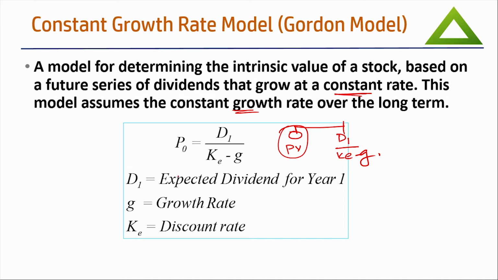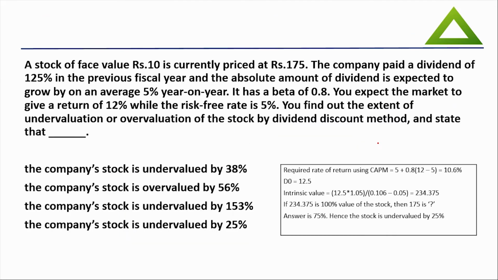In this model, as I said, KE can usually be calculated using CAPM in our examination if it is not given straight away, and the other input is the growth rate, which would also be given to you in the examination. So understand this example with solution. A stock has a face value of 10, currently priced at 175.